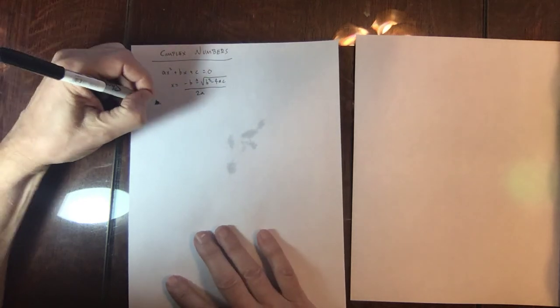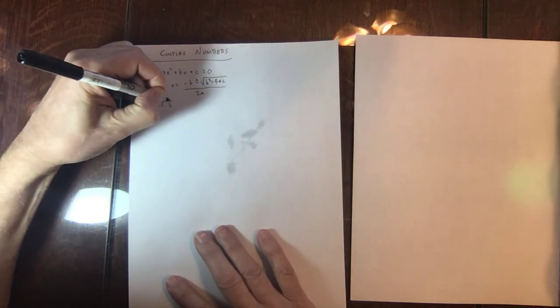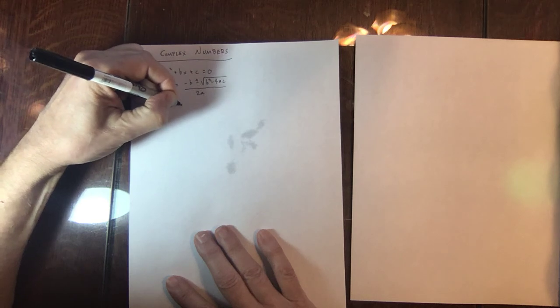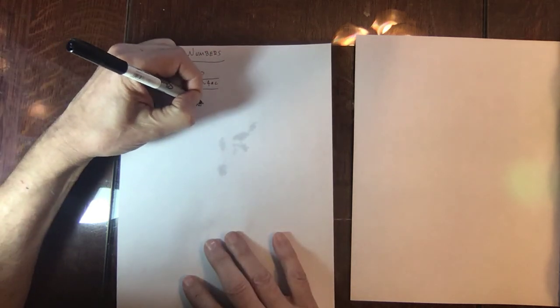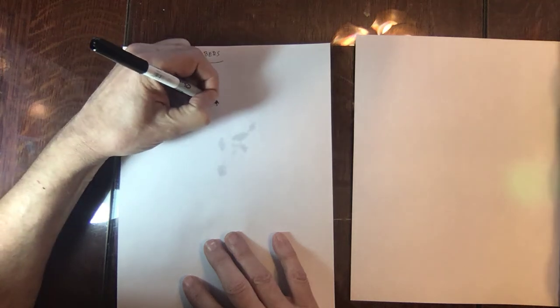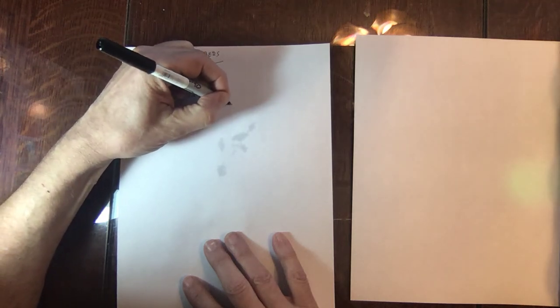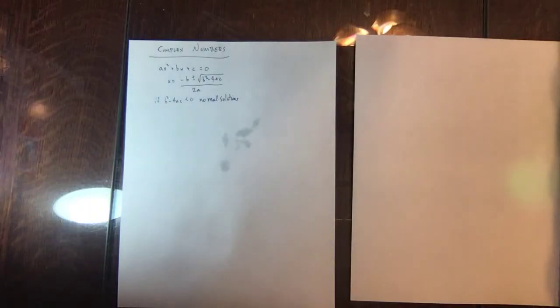And then, of course, if b squared minus 4ac is negative, then we say there are no real solutions. And that's where it's generally left in basic beginning algebra classes.